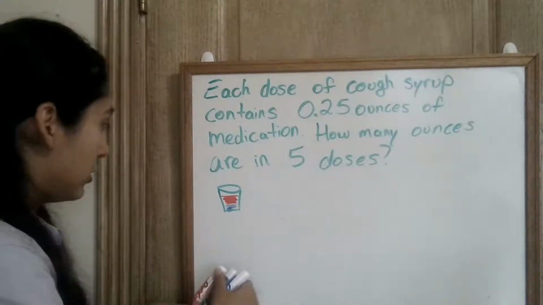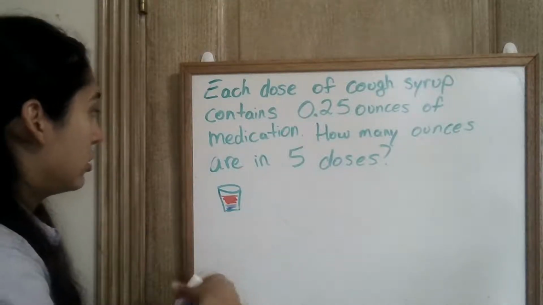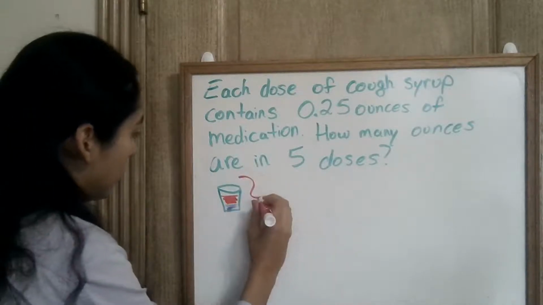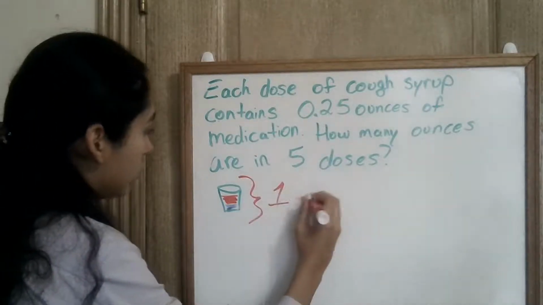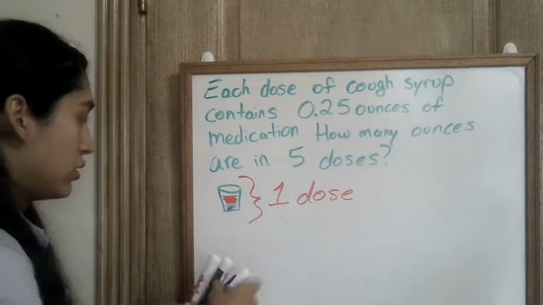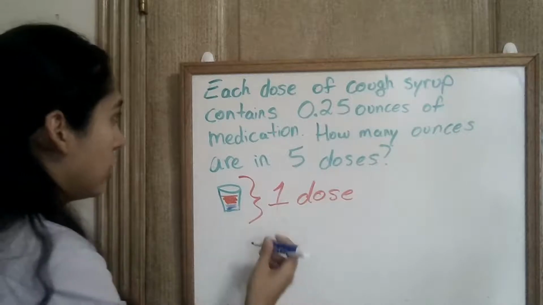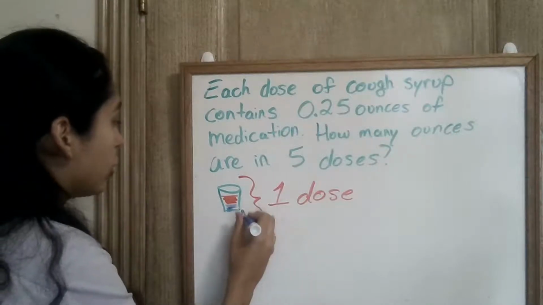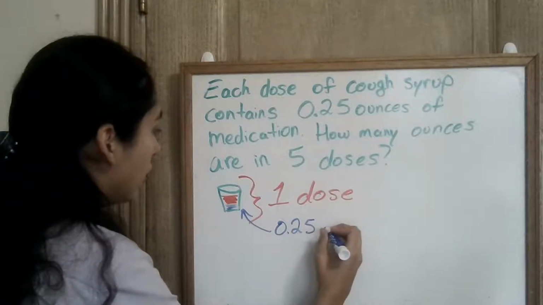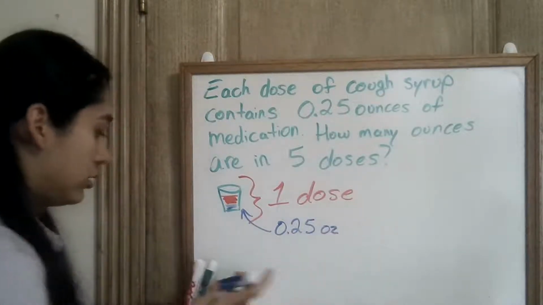So let's draw this. All of this is one dose. And in each dose, we have 0.25 ounces.